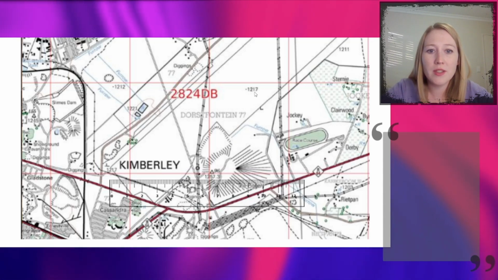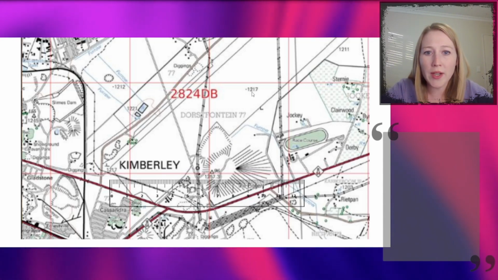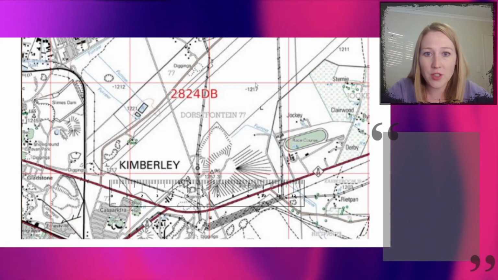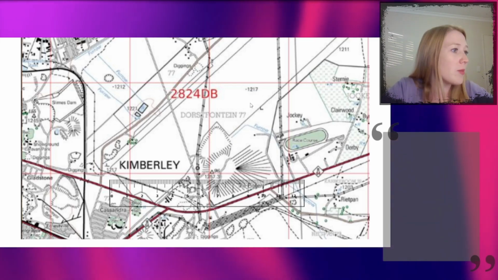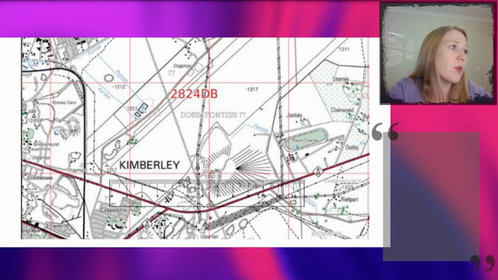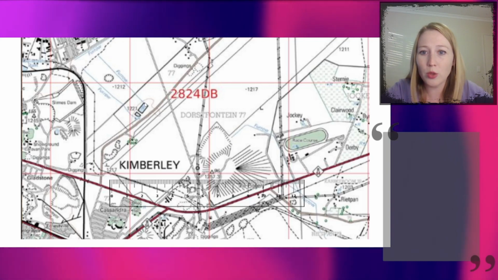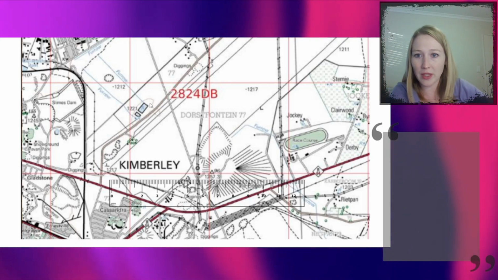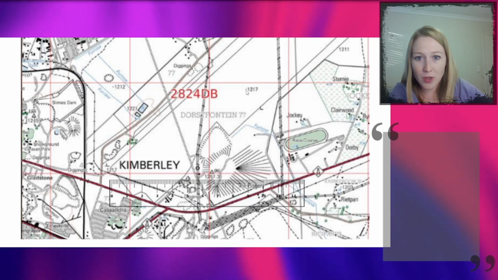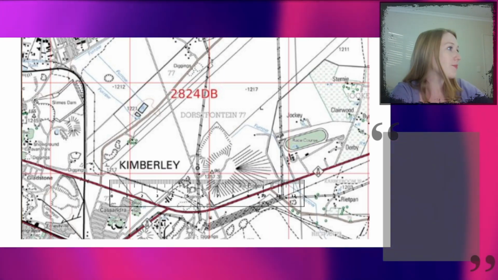We have this 1217 over here. Do you guys see that? So that is a spot height. And maybe we can go to, that looks like a reservoir over there. That little blue block. Yeah, I think let's go from there. So the corner of that blue block over there to that spot height 1217.